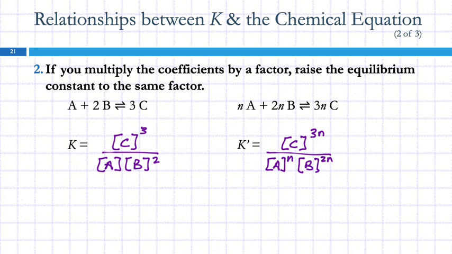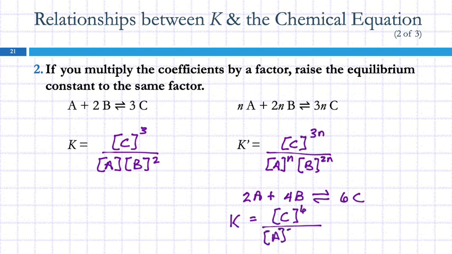So let's do that without variables, okay? So let's say we have 2A plus 4B is in equilibrium with 6C. How did I get this chemical equation from that one? I multiplied by 2, right? We can write the equilibrium expression for this. It's C to the 6th divided by A squared divided by B to the 4th power.